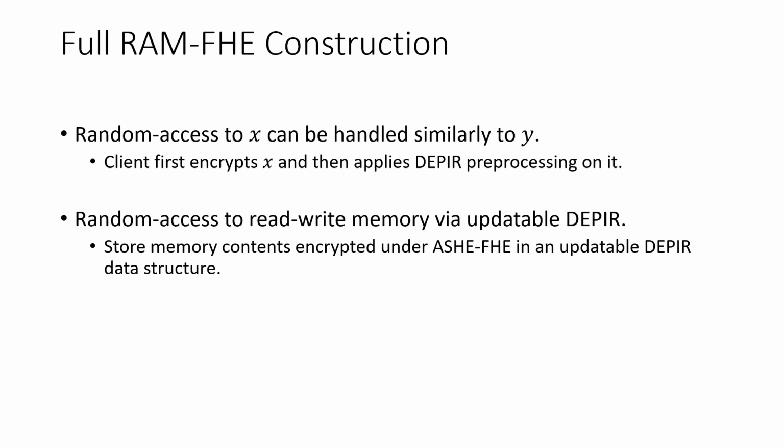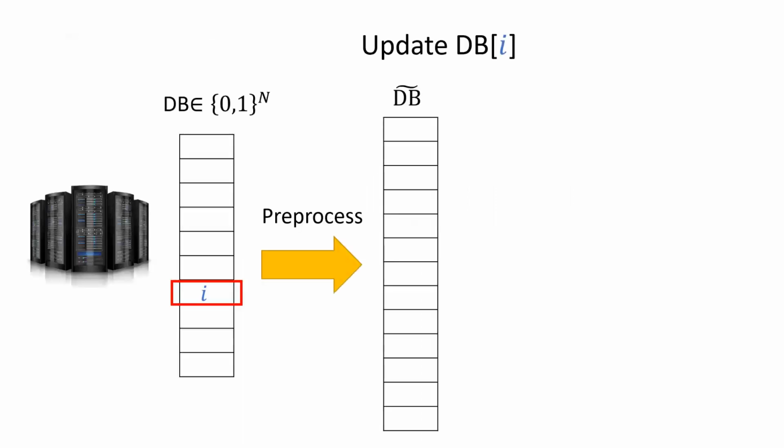Updatable PIR itself is already a standalone and useful abstraction, just like PIR. Say, let's take the example of Netflix. The Netflix may have already processed all the movies into a data structure, but later the Netflix wants to update some movie i to the newest version, right?